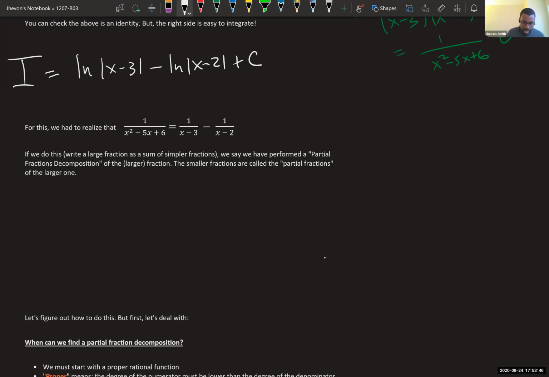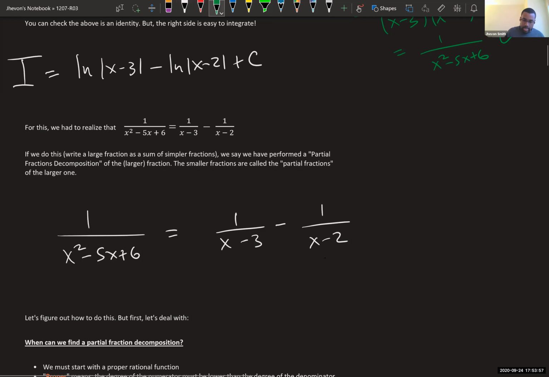So if I have 1 over x squared minus 5x plus 6, and I break it up into these guys over here, these are called the partial fractions of 1 over the right-hand side. And this process going from this to that is called the partial fraction decomposition.